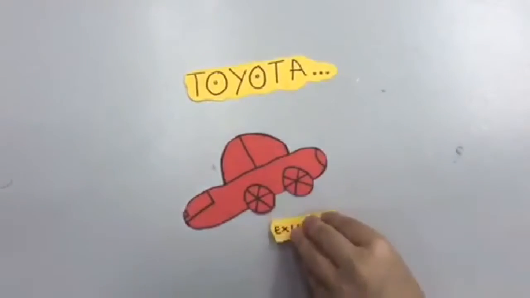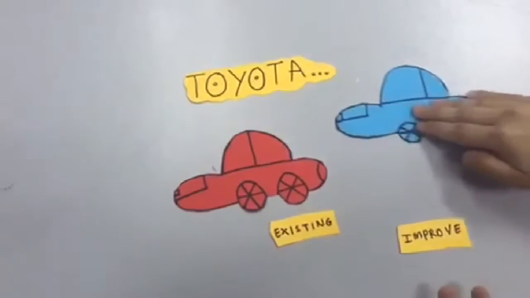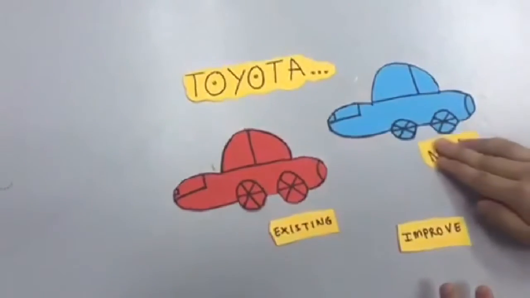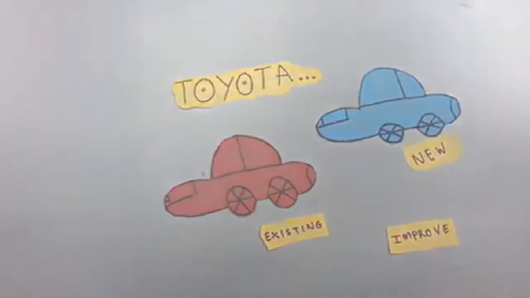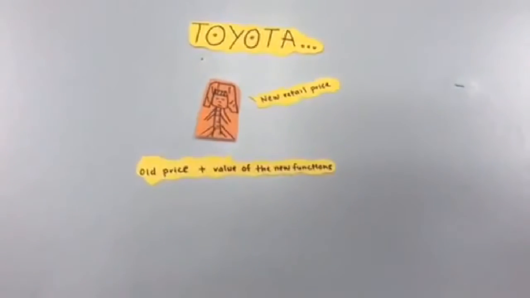In order for us to answer this question, we will be focusing on Toyota, how they use target costing in improving their existing product into a new one. In the first stage, Toyota decides what will be the new retail price by adding the old price and the value of new functions.